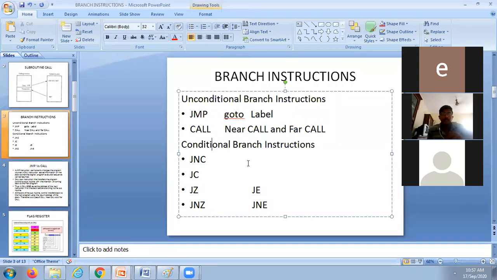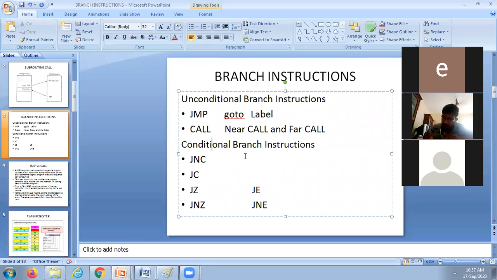Now we will come to the conditional branch instructions. In all the conditional branch instructions, we should use the flag register bits.